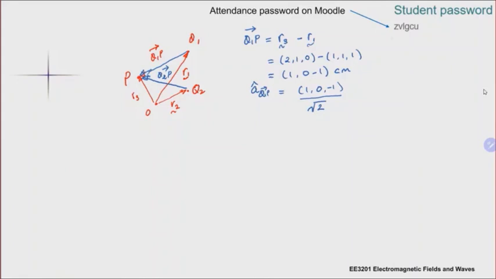And then the other one, Q2P, equals R3 minus R2, and the unit vector Q2P.